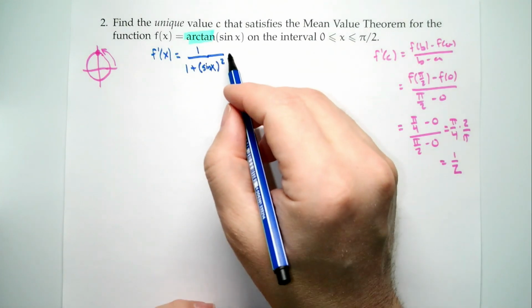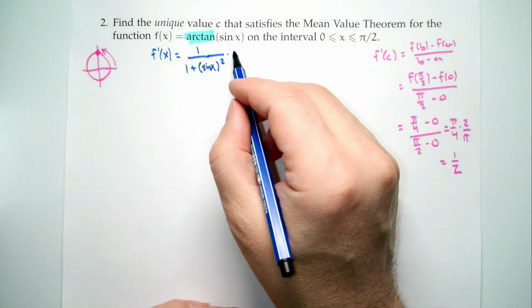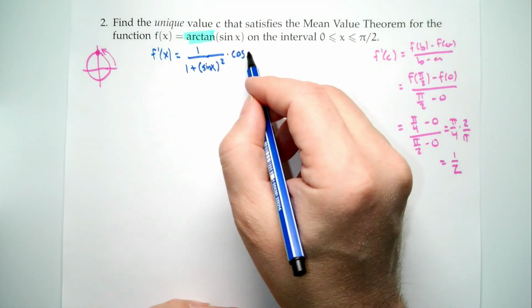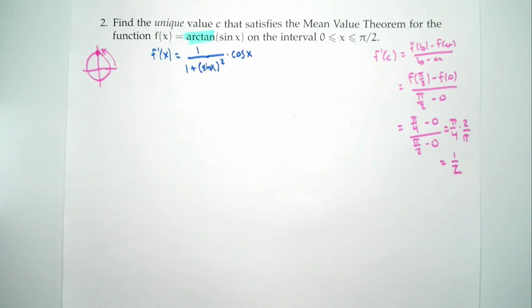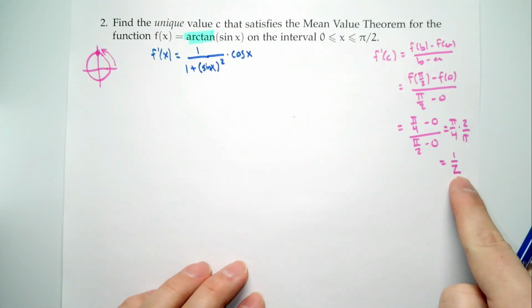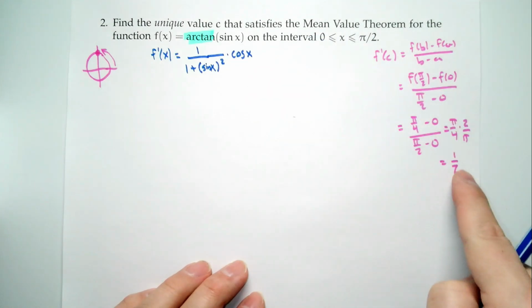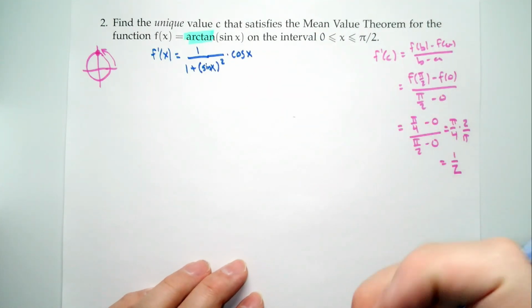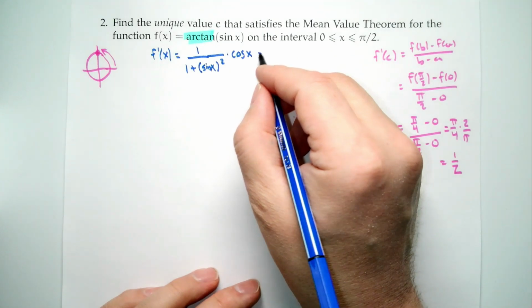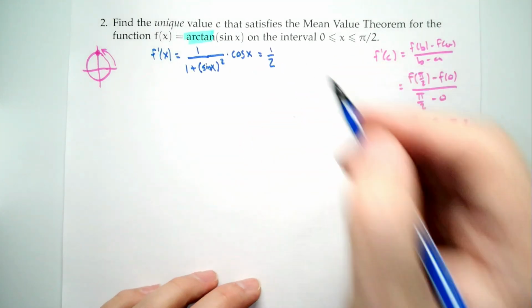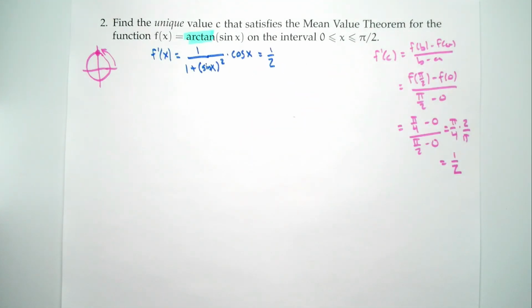Then you have to multiply by the derivative of the inside, which is cosine x. Now, what do we want to do? Well, we want to set this to 1/2, because we want to know when the derivative equals 1/2. So, set it equal to 1/2. Now our goal is solve. Well, that shouldn't be too bad, right? How hard could that be?